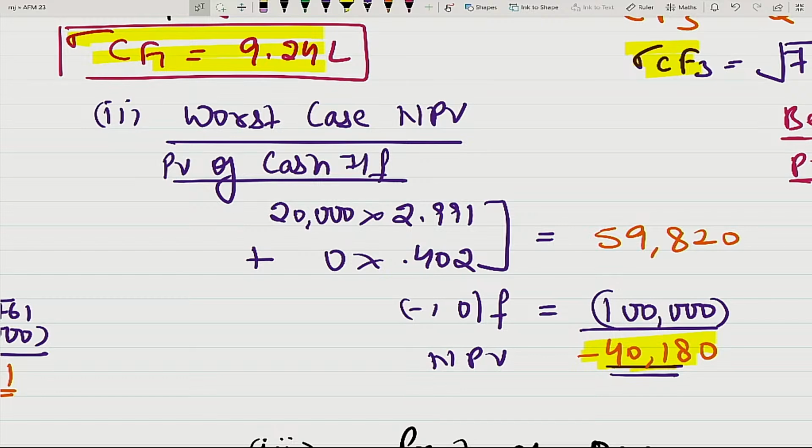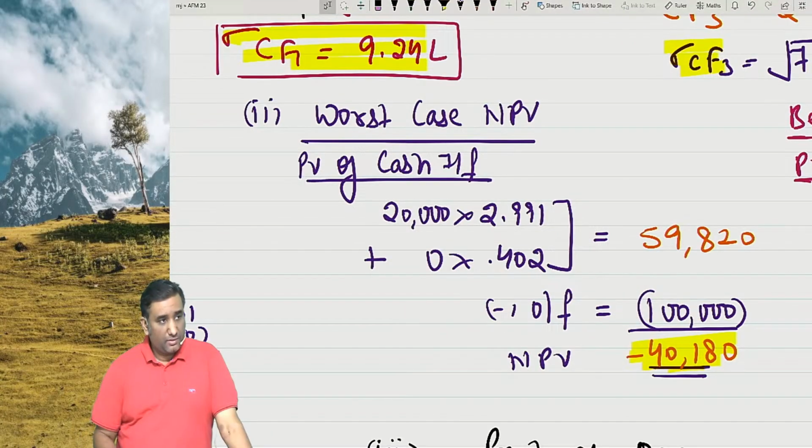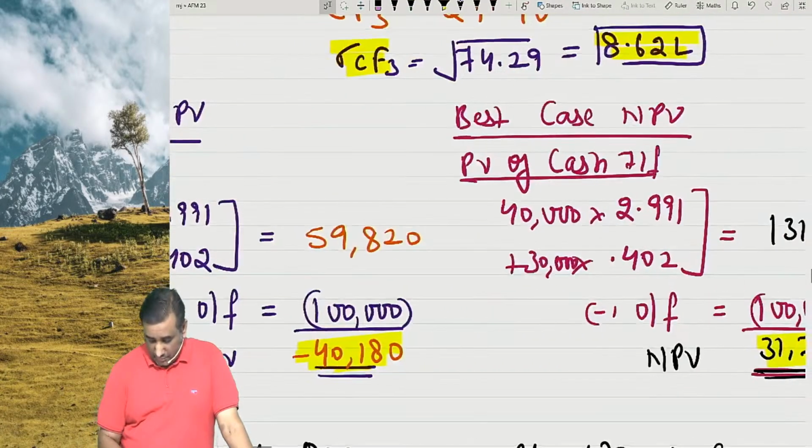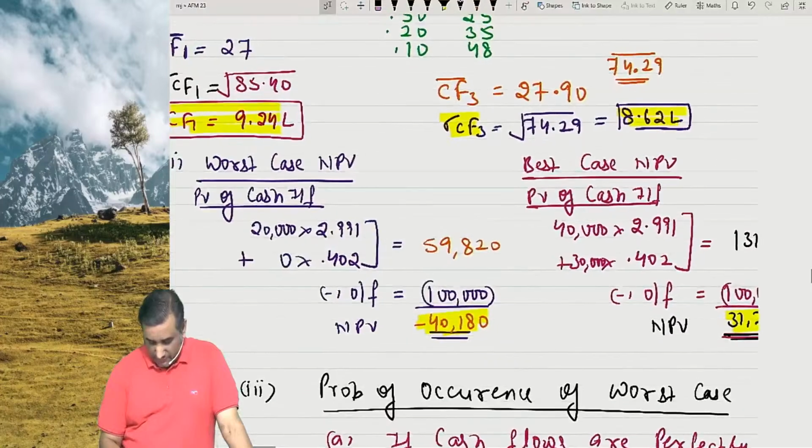Anyone who has done the best case? How much answer are we getting? 30? 31,700 best case.